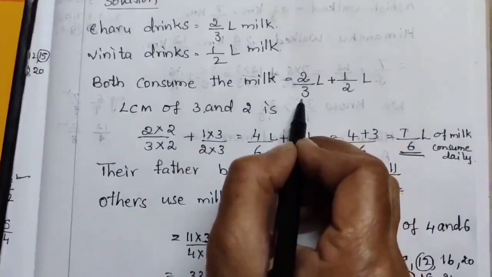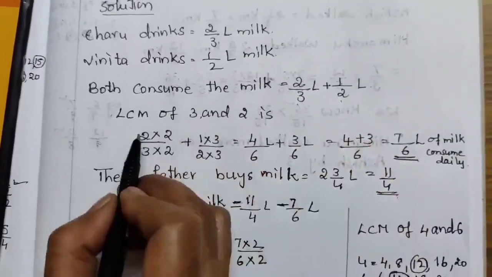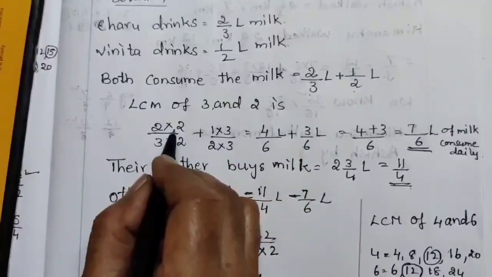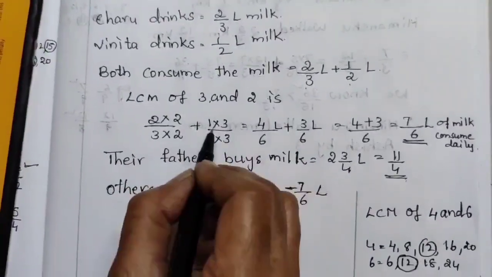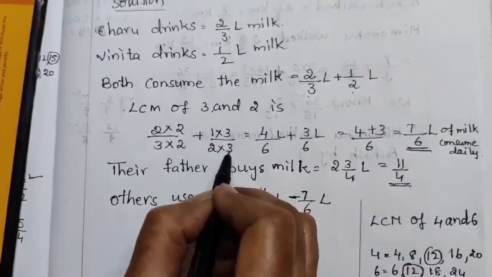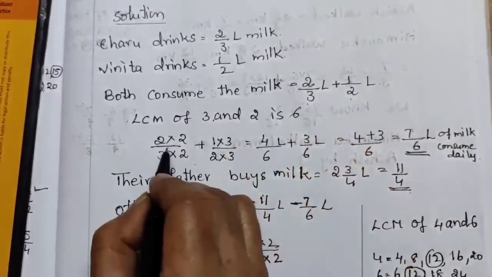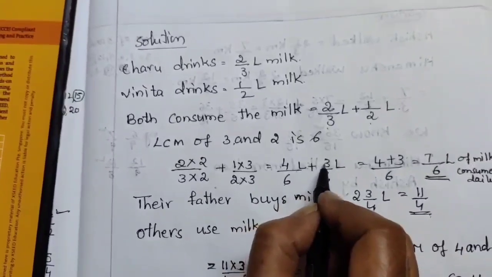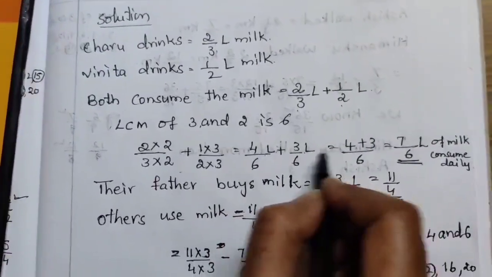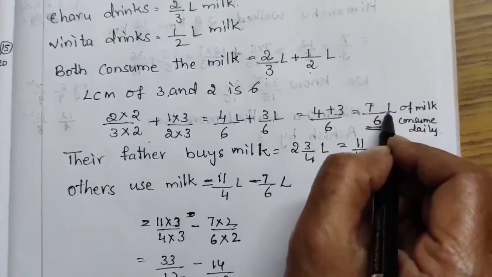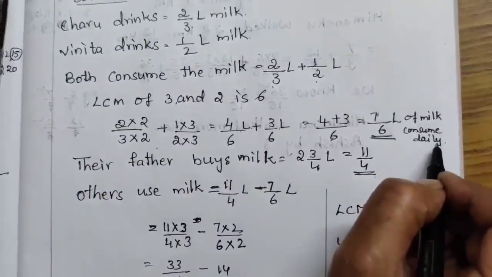Write the multiples of 3 and of 2. The LCM of 3 and 2 is 6. So 4/6 liters plus 3/6 liters. Add 4 plus 3 divided by 6, which is 7/6 liters of milk consumed daily.